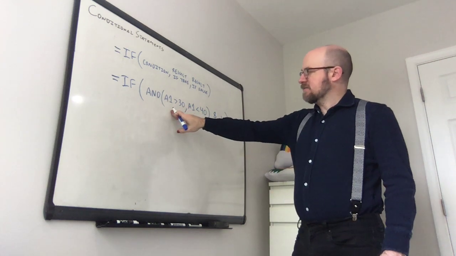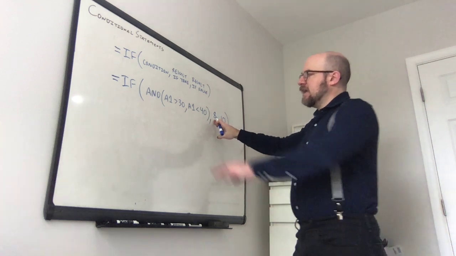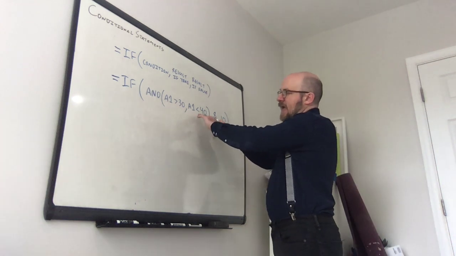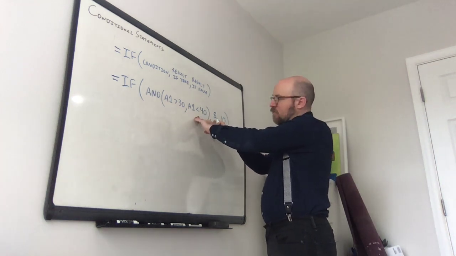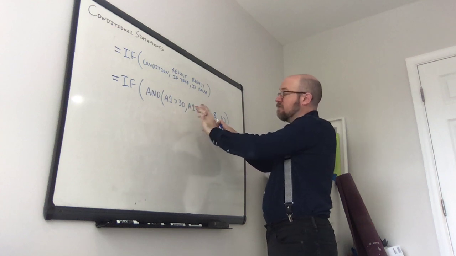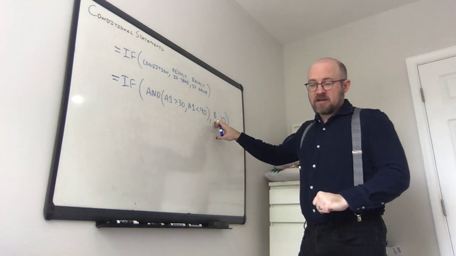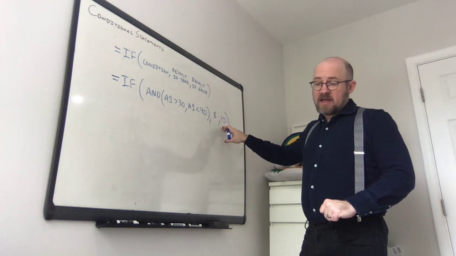And what this does is this gives you 8 if A1 is greater than 30 and A1 is less than 40. So if it's in the range between 30 and 40, then the price is going to be 8. Otherwise, the price is going to be 10.